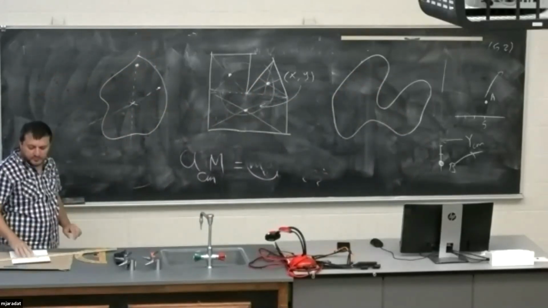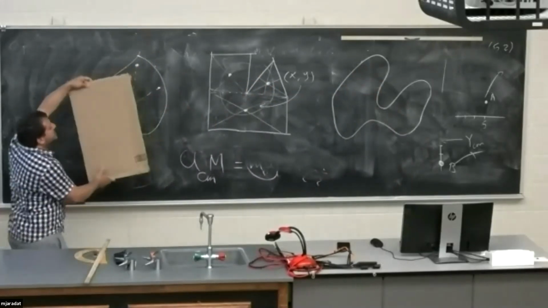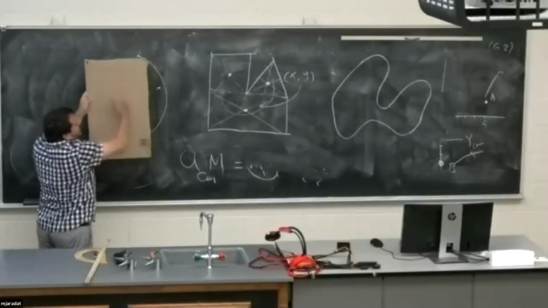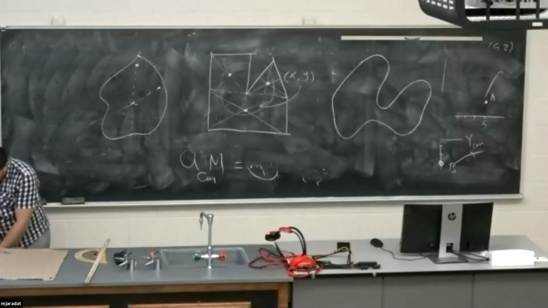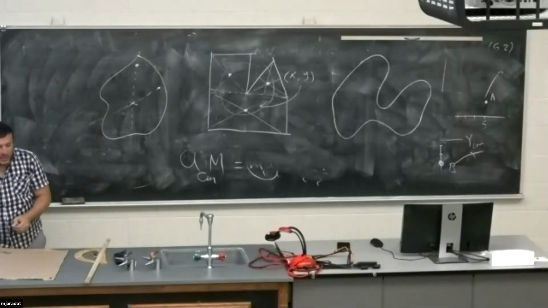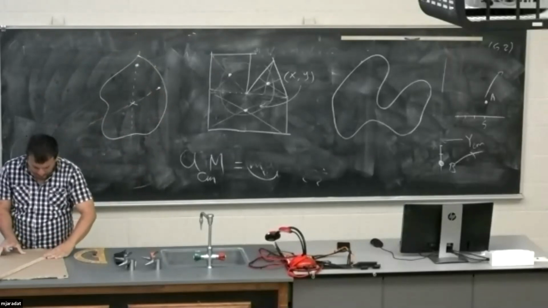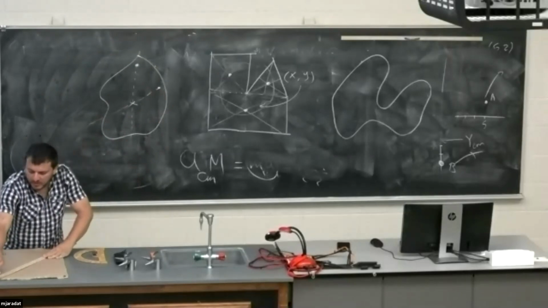For example, this is a rectangle. It is simple to find its center of mass. I will draw lines like this and find the center of mass, and it's easy to know it's at the geometrical center. I think you can see me. Yes, you can see.